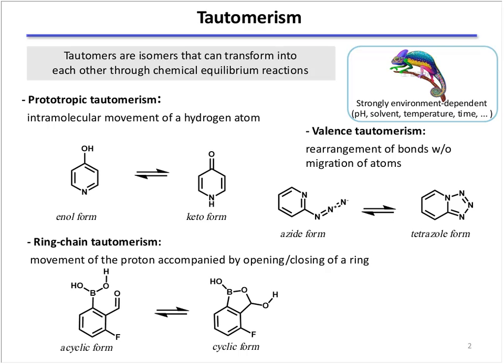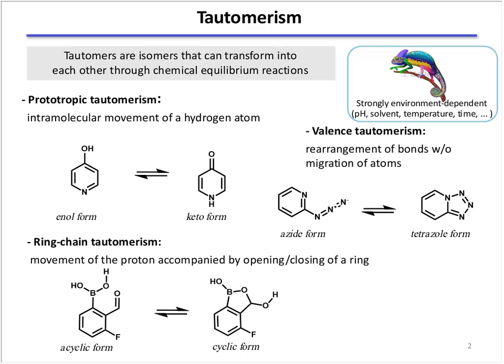Ring-chain tautomerism involves ring closing and ring opening along with migration of the hydrogen, leading to the cyclic form. The third one is valence tautomerism. That is again one kind of ring-chain tautomerism, but it does not involve the migration of any group or hydrogen atom. There is only reorganization of single and double bonds.